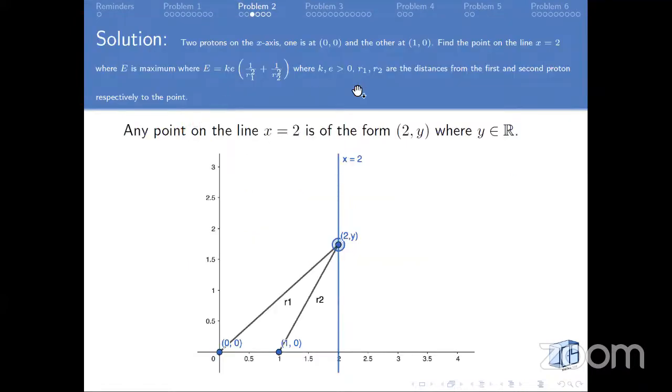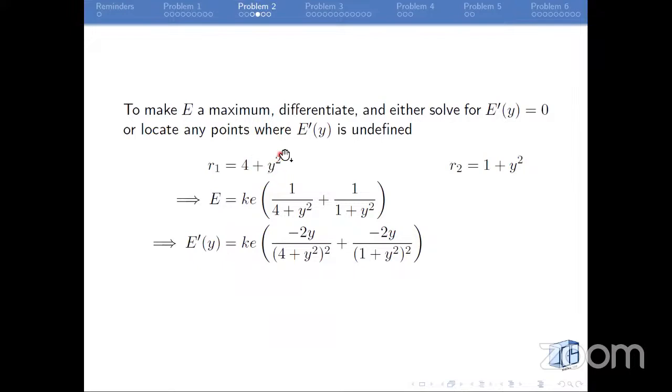Gagamit tayo ng distance formula: from the origin to the point on x equals 2. Kaya nakuha natin itong r sub 1 equals square root of 4 plus y squared. Tapos, ganun din sa r sub 2, so square root of 1 plus y squared. So naging distance formula siya.